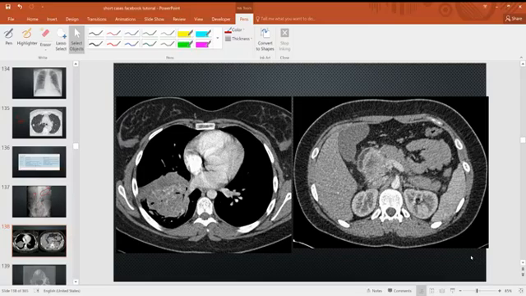We have two patients with non-specific pain, and you have one slice in the lower chest and one slice at the level of the pancreas. Take some time and see what is the pathology you can see.